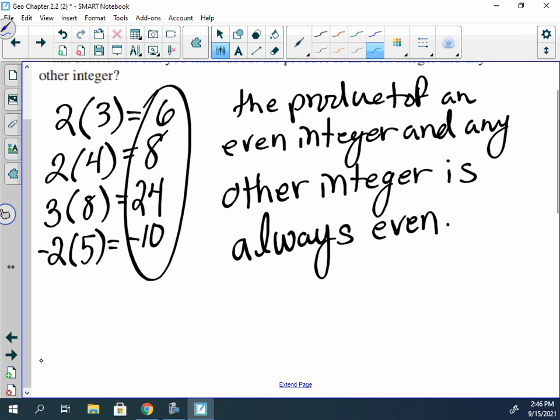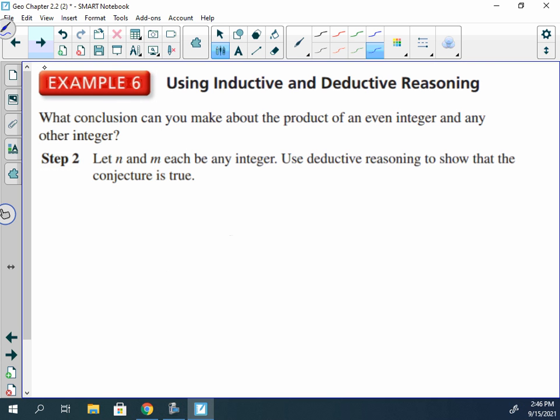Let's look at the deductive, and it'll actually make sense here. So let n and m each be any integer. Use deductive reasoning to show that this conjecture is true. So n and m are really just integers, yes?